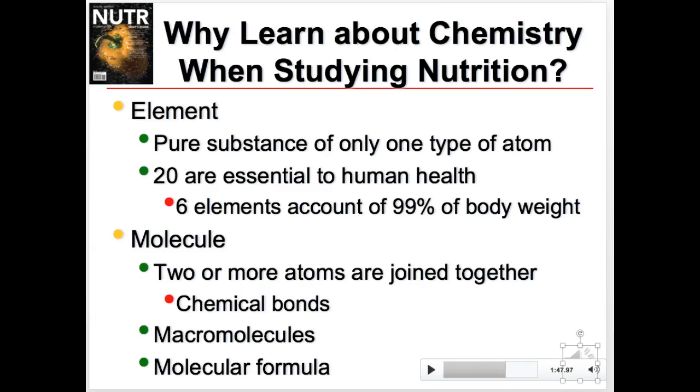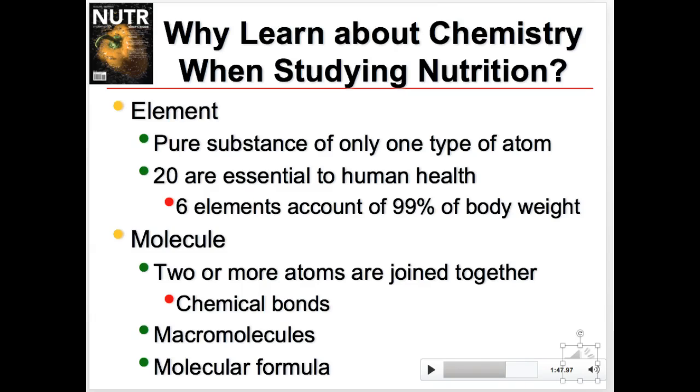We have molecules. Molecules are 2 or more atoms that are joined together. They make a chemical bond. There are macromolecules, and macromolecules are the largest molecules, such as protein. They are commonly created by smaller subunits, and the most common macromolecules in biochemistry are nucleic acids, proteins, carbohydrates, and polyphenols.